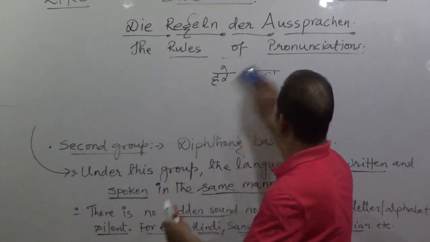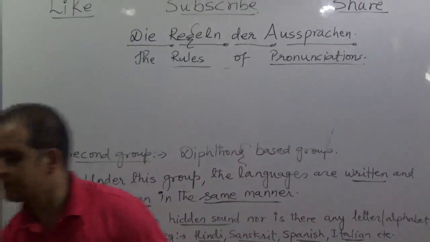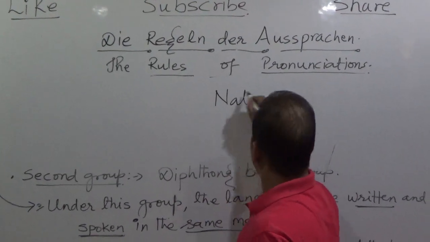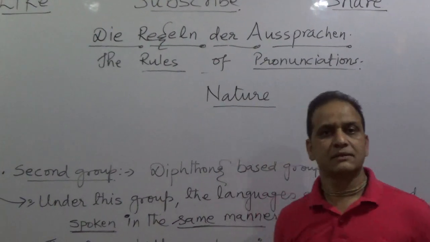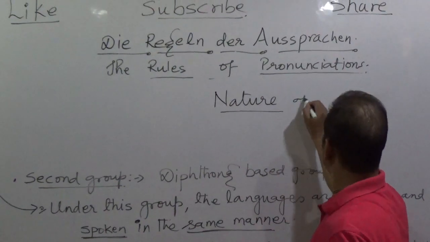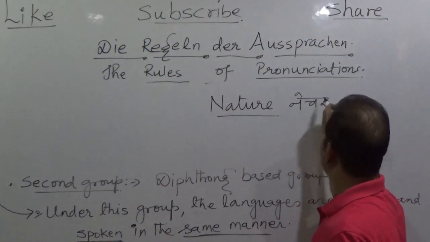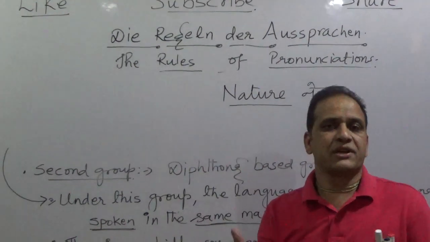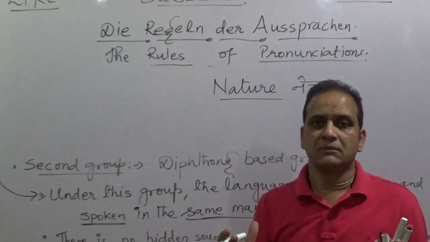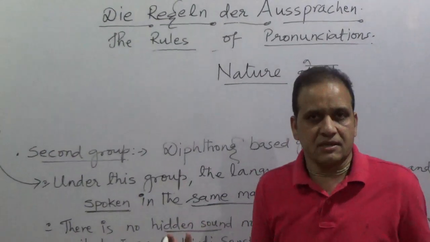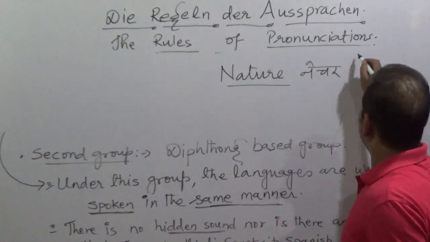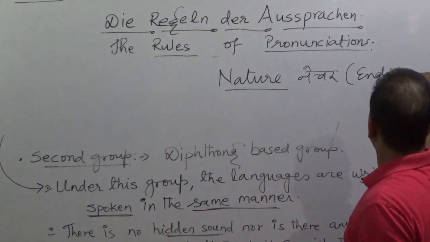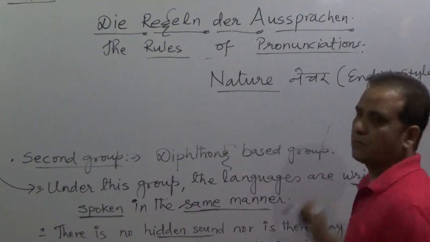I'll give you one example from the Spanish language, and that is "nature". In English, you will read it as "nature", and there is no scientific explanation, no system, no logic. This is the English style of pronouncing this word.